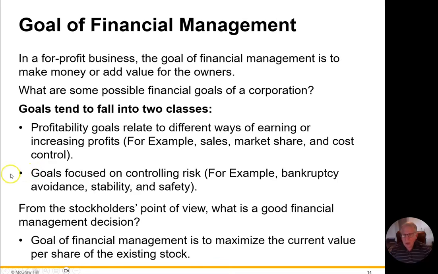But also, we have a goal that focuses on controlling risk and bankruptcy avoidance, stability, and safety. And risk enters into financial decisions more often than you might think, first coming in as a student in this area. So from a stockholder's point of view, what is a good financial management decision? It is to maximize the current value per share of existing stock.